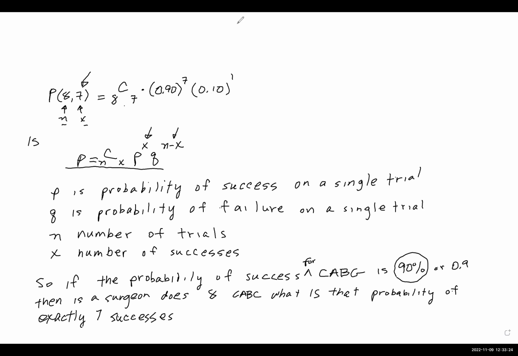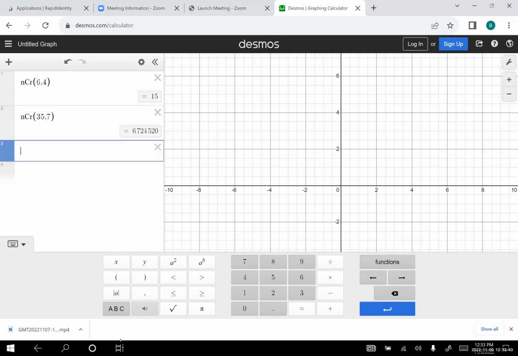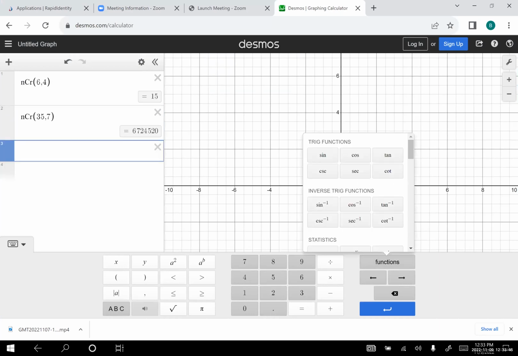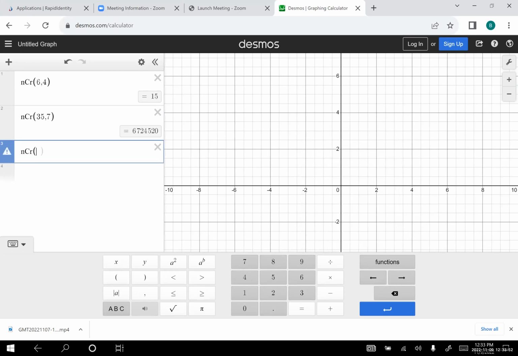Now I'm going to resort to my calculator. That's enough handwork for me. Okay, I had the probability of, let's see, combination 8, 7.